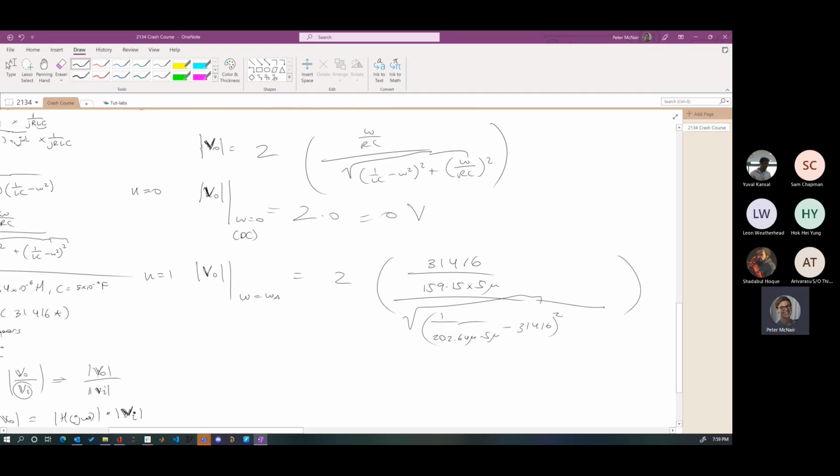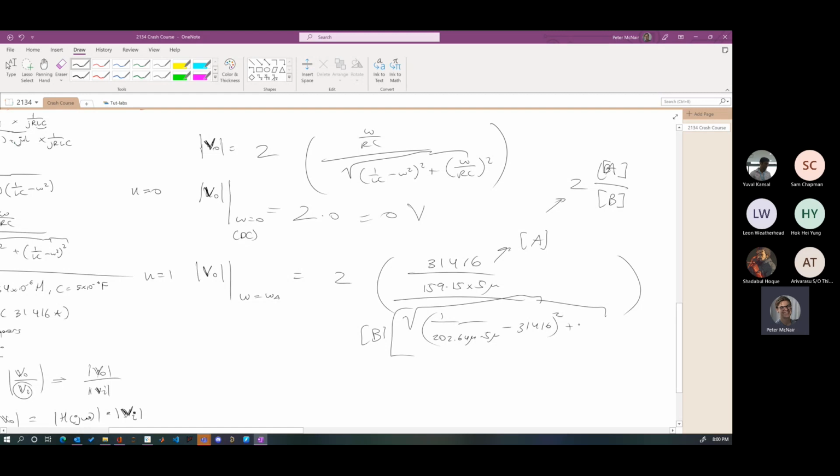So I'd recommend storing this square root value in A in your calculator and this one in B, and then you just do 2 times, actually do it the other way around. I know it seems a bit picky, but doing things like that, you're just less likely to make mistakes.